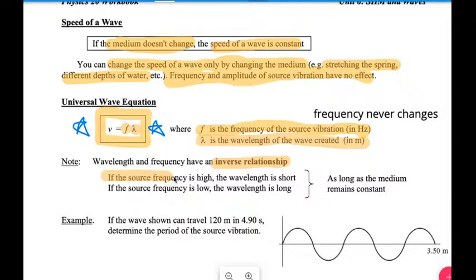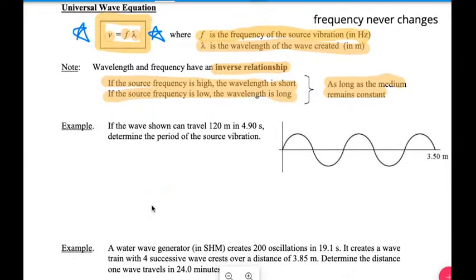So if the source frequency is high, that means we have a short wavelength. If the source frequency is low, that means we have a long wavelength, as long as our medium is constant. Because as soon as we get a change of medium, we're going to have a change in speed, and that's going to be affecting the inverse relationship of frequency and wavelength.